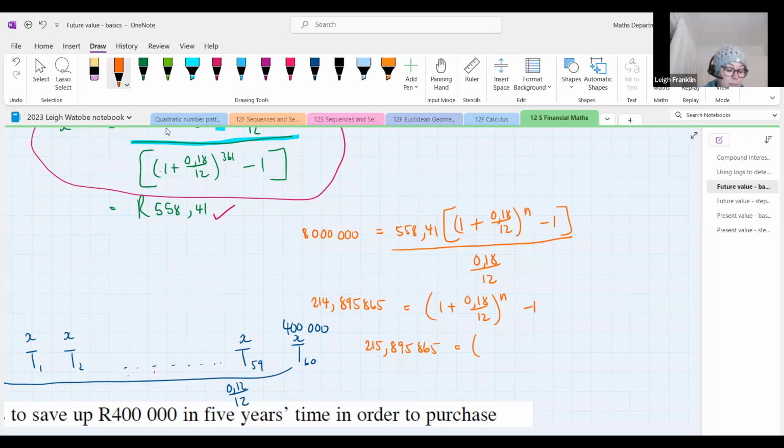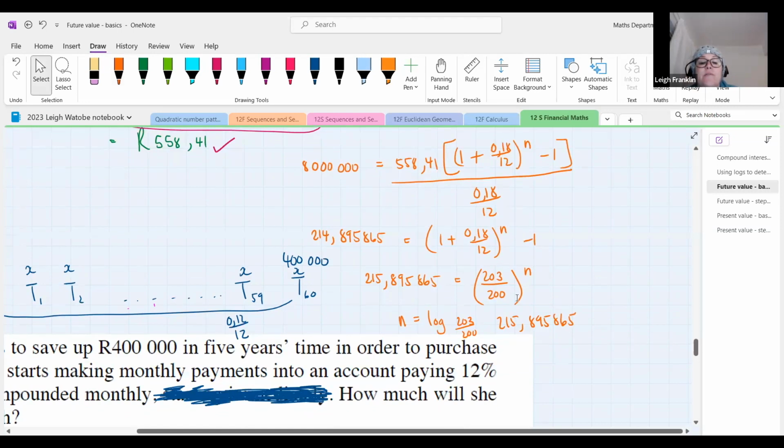The value of our bracket, we've got 1 plus 0.18 over 12, so that gives us 1.015 to the n. Okay, so now n equals log base 1.015, put in our number.